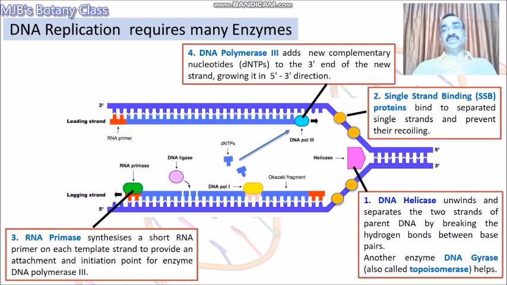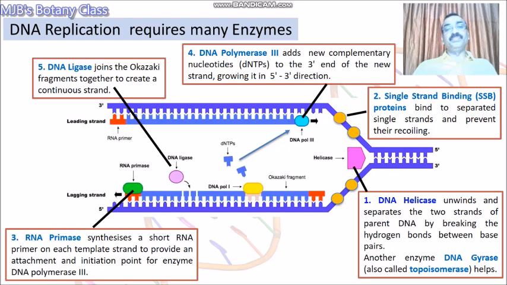It synthesizes a new DNA strand by polymerization of nucleotides complementary to that of the old strand, by adding nucleotide triphosphates to the 3' end of the new strand. That means a new DNA strand can form only in the 5' to 3' direction, not in the reverse, that is 3' to 5' direction. Please understand this.